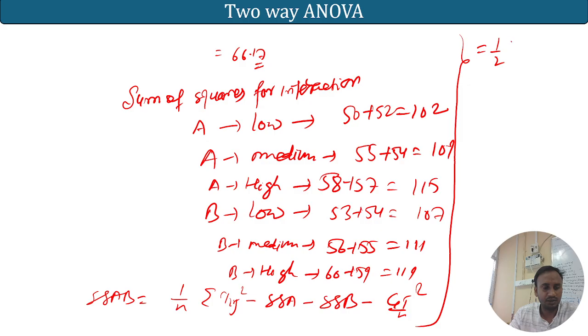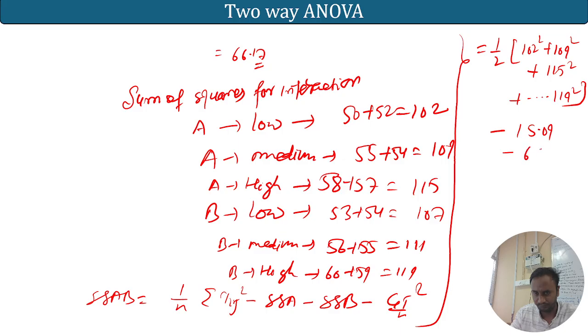Then the summation of 107 square, 111 square plus 119 square, minus SSA, which is 15.09 that we calculated, then 66.17 minus 629 by 12. So we'll get some value.